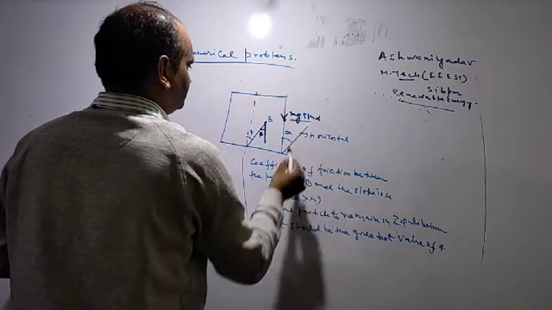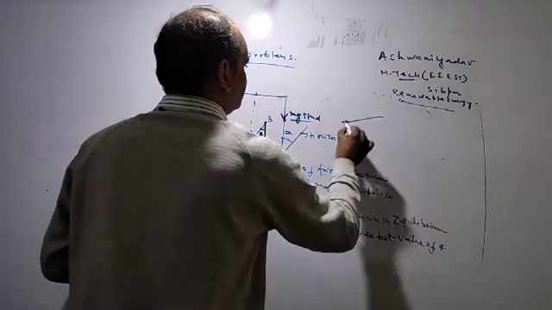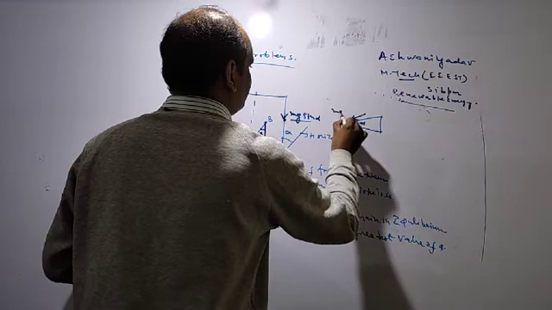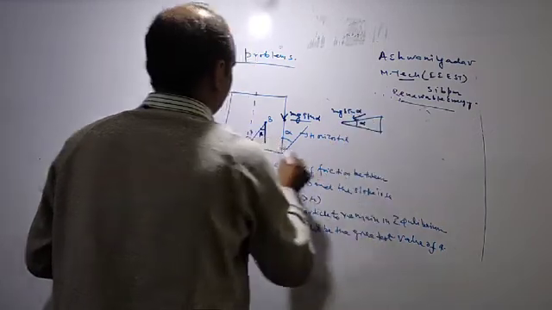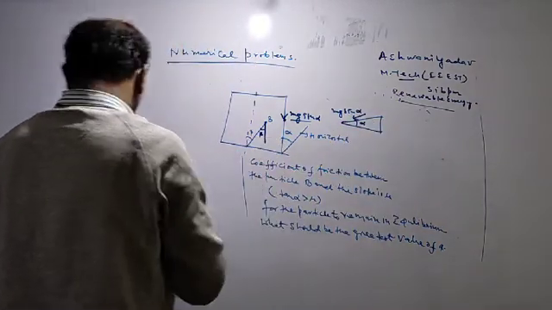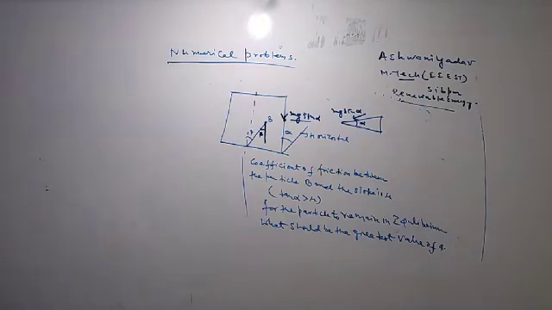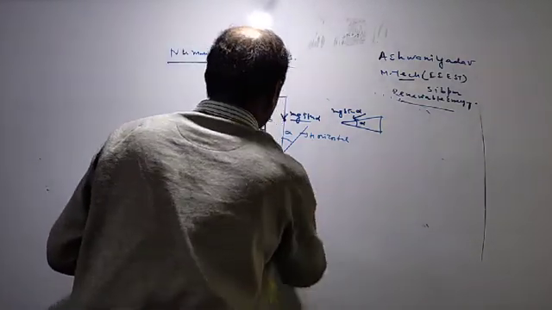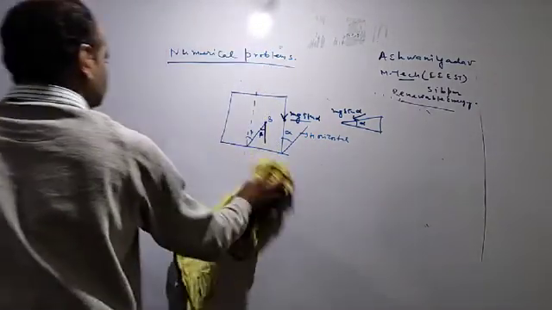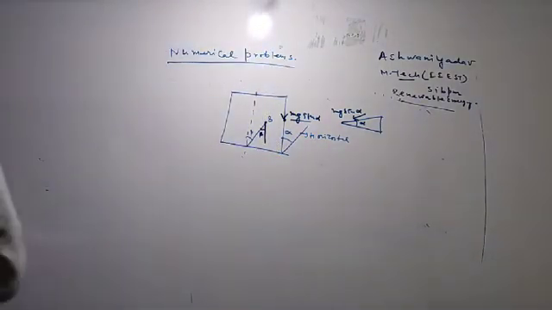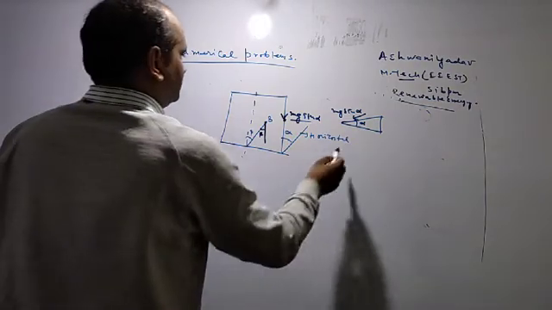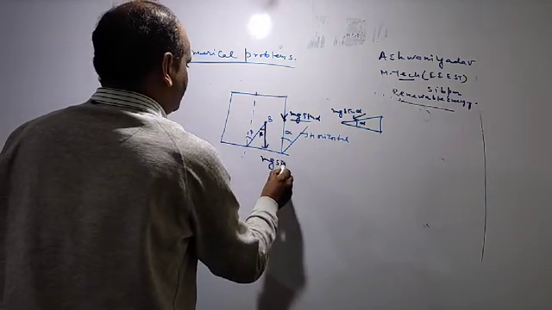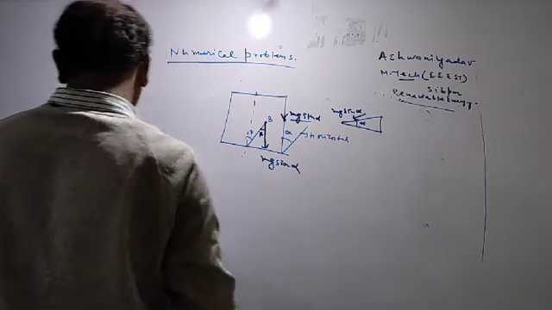This is the force. This is the inclined plane and this is angle alpha. So in the downward direction we have force mg sin alpha. So this is okay. Well, so we have these forces, mg sin alpha.